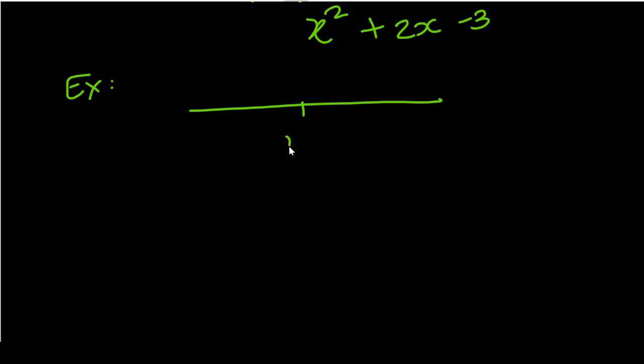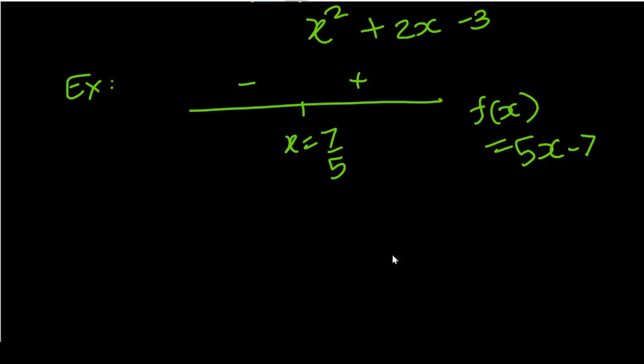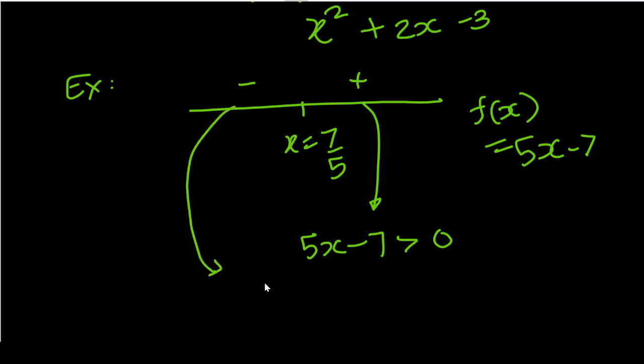For example, if this is x equals 7 by 5, and this side is plus and this is minus, and f(x) is 5x minus 7, then the plus sign means it is the solution of the inequality f(x) positive, and the minus sign means it is the solution of the inequality f(x) negative.